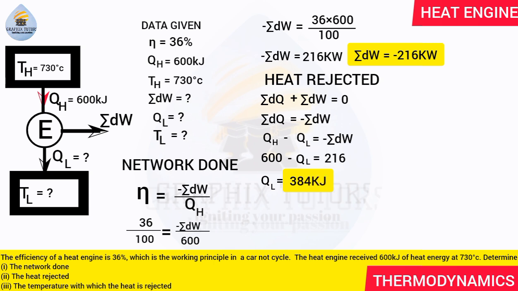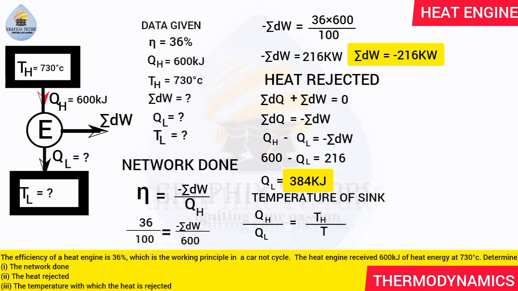As you can see. So the next thing here that we're told to do is to look for the temperature at which the heat is ejected. That is the temperature of the sink. So with the relationship between heat and temperature here, the ratio of the heat input and the heat output is equal to the ratio of the temperature of the source reservoir to that of the sink.